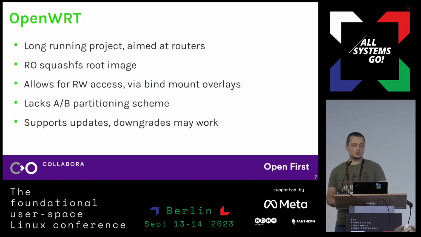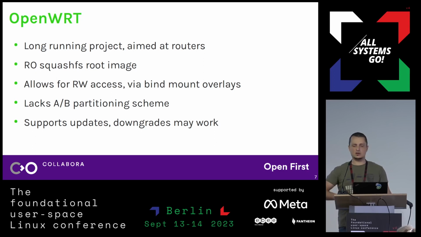So, a quick look at a few things that I had around. One is OpenWRT. As you maybe know, it's a very long-running project aimed at routers and networking gear as a whole. Their approach, I'm not quite sure if it classifies as atomic images, but they operate on a single read-only squashfs image.